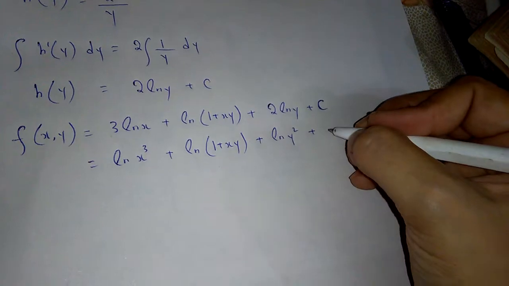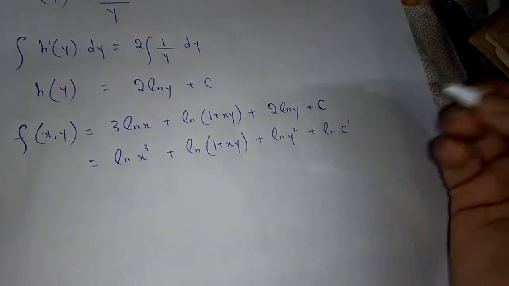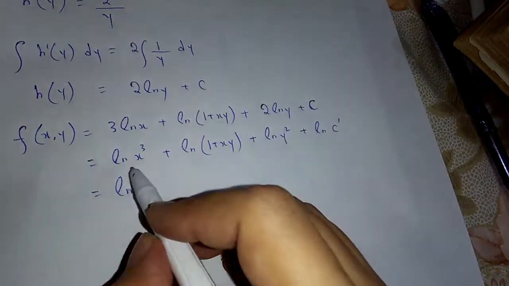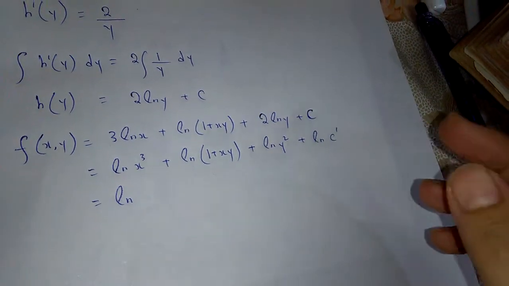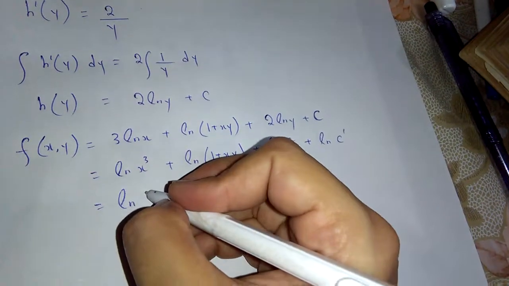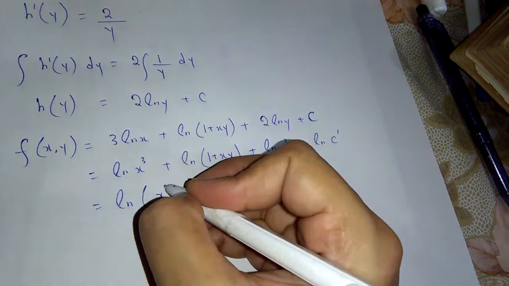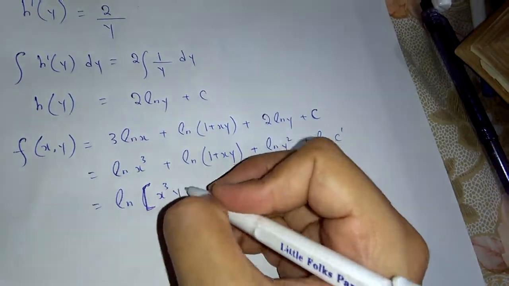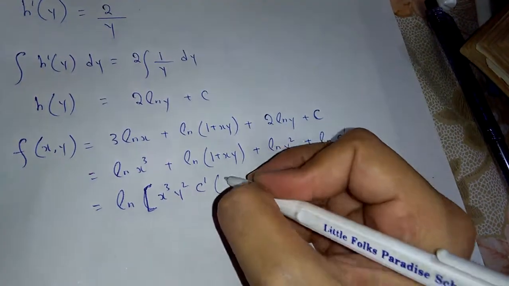So the constant could be the logarithm of some other constant, right? And you know that the sum of logarithms is basically the logarithm of the product of these values. We can express our answer like this: x cubed, let me use a big bracket here, x cubed y squared c prime (1 plus xy).